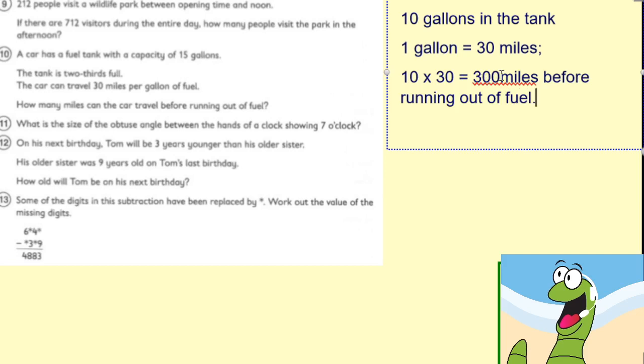Okay, that's our answer, 300 miles. So it's 300 miles before we can run out of fuel.